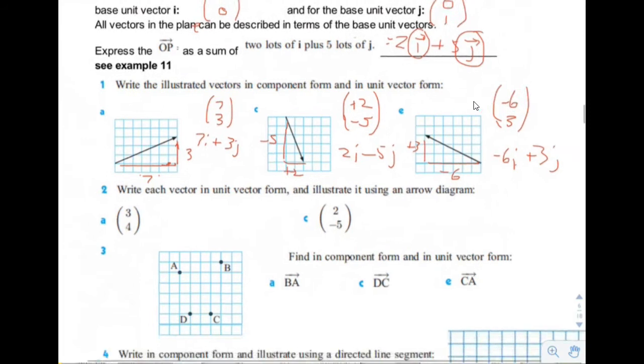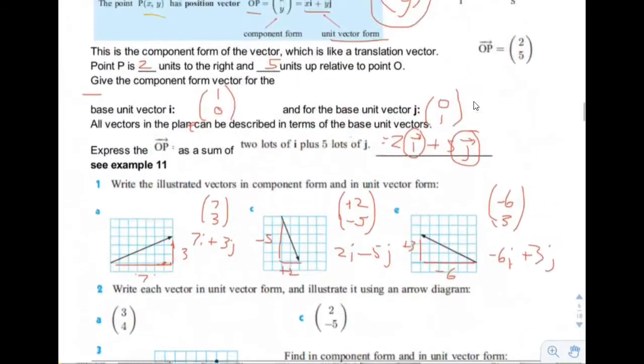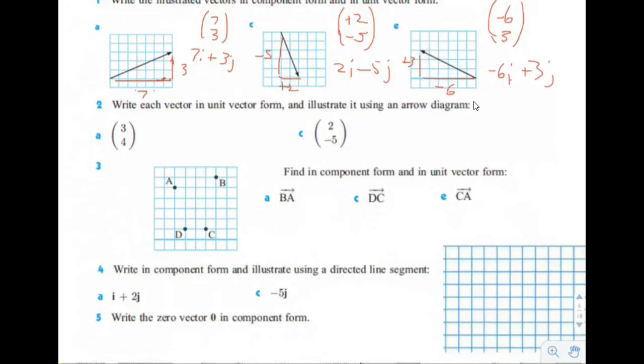Write each vector in unit vector form and illustrate it using an arrow diagram. Oh, I didn't give you any graph paper here. We can use this one that's down here. Write each vector in unit vector form. So we would just put 3i plus 4j. And for this one, we would put 2i minus 5j. Pretty easy.